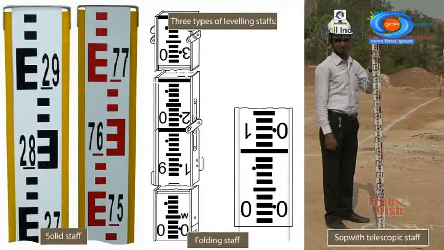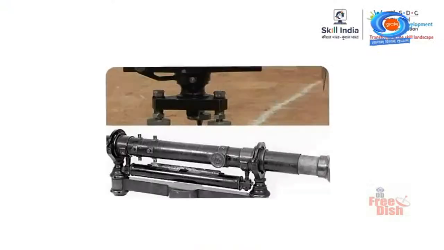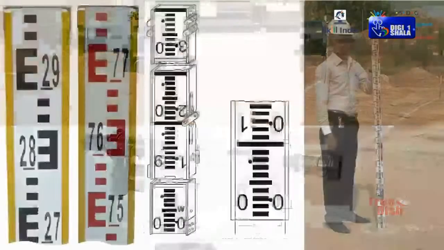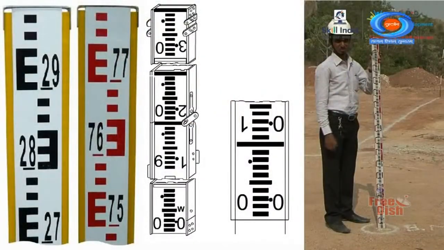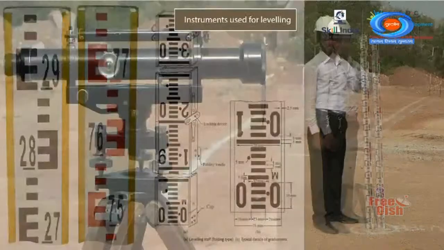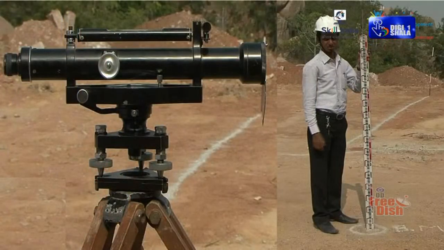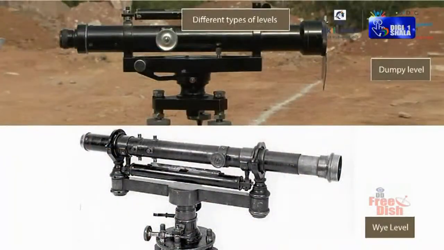So remember, the three types of leveling staffs are the solid staff, the folding staff, and the Sopwith telescopic staff. In this module, you have learned to identify the instruments for leveling. Instruments used for leveling are a level and a leveling staff. The two different types of level are dumpy level and Y level.